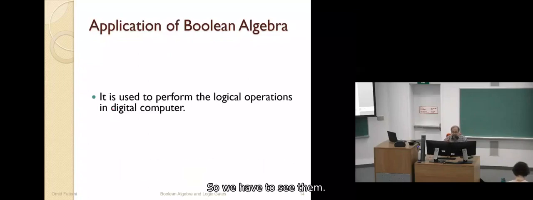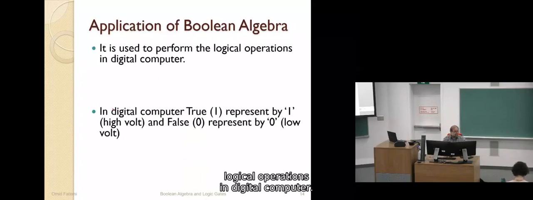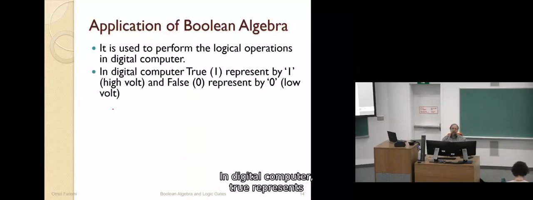So we have to see them. It is used to perform the logical operations in digital computers. In a digital computer, true is represented by a high voltage, and 0, which is false, is represented by low voltage.